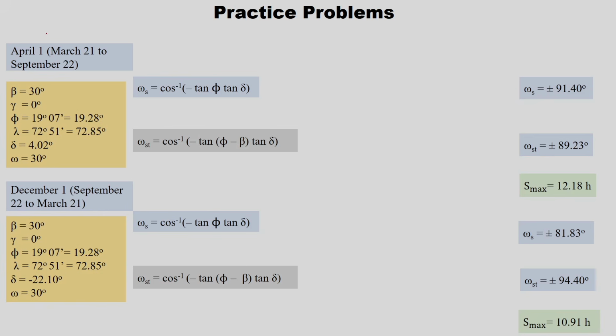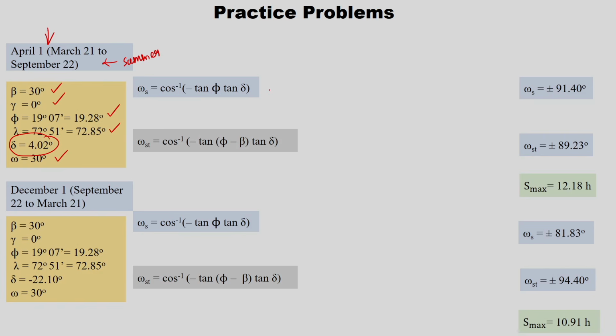For example, I am taking the day of April 1st, which comes between March 21st and September 22nd, that is during summer, wherever the declination angle is positive. For this particular problem, beta is 30, gamma is 0 degree, phi is 19.28 degree, lambda is 72.85 degree and omega is 30 degree.